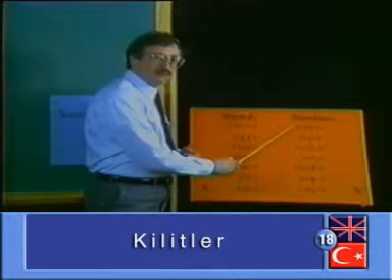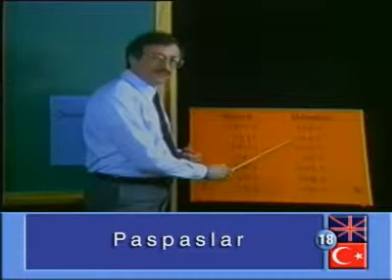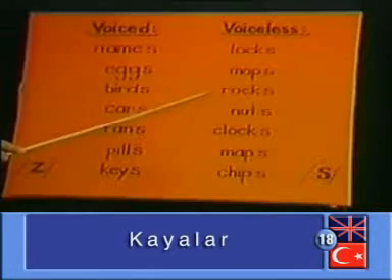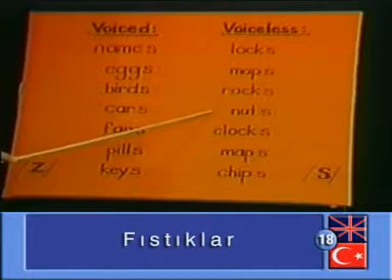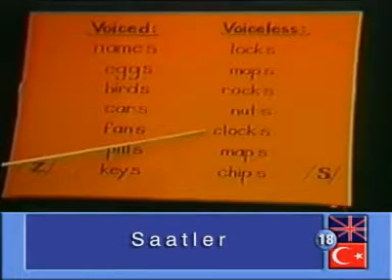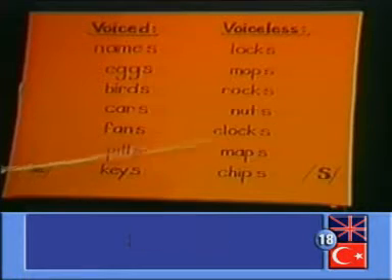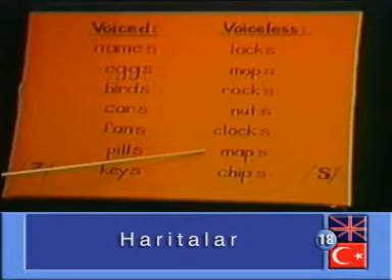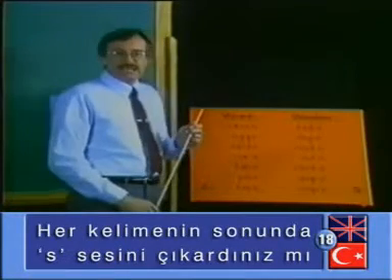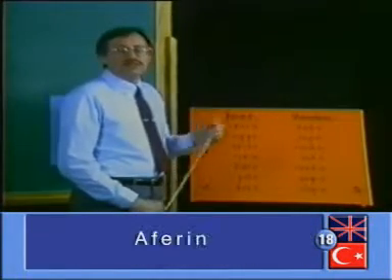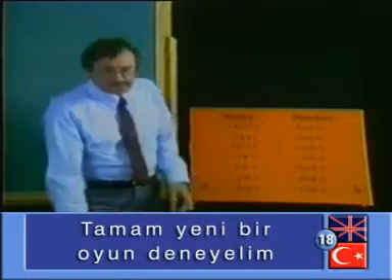Locks, mops, rocks, nuts, clocks, maps, chips. Did you make the S sound at the end of each of those words? Good work.